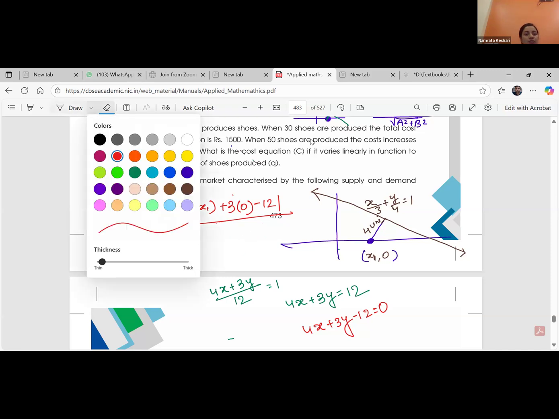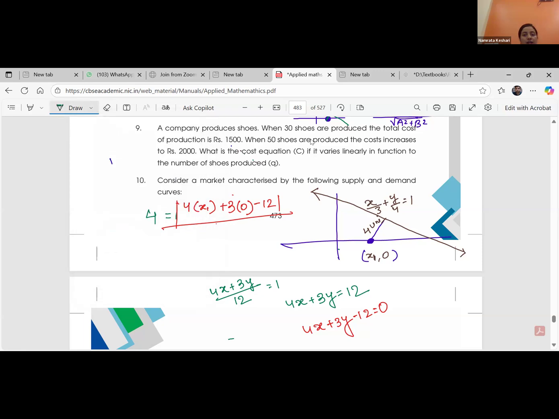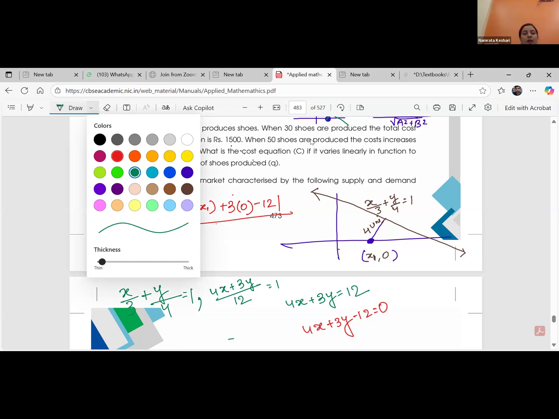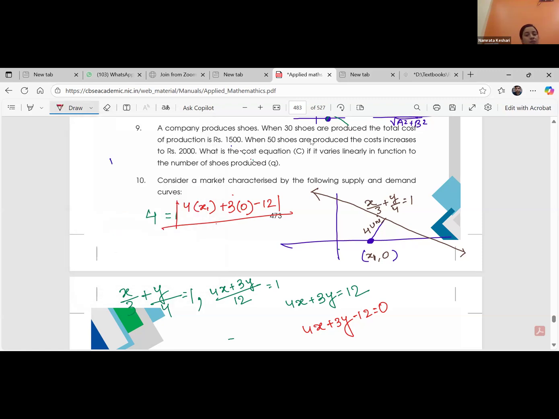From 4x + 3y - 12, we can clearly see our a is 4 and our b is 3. Is it clear so far?